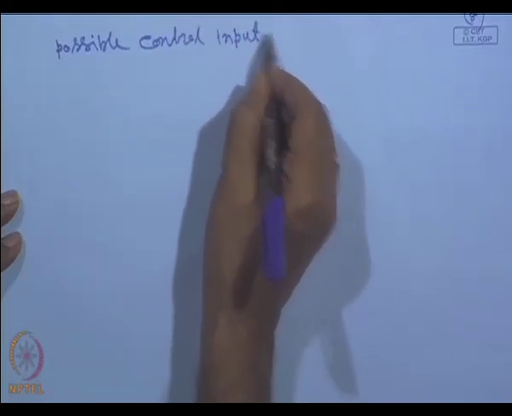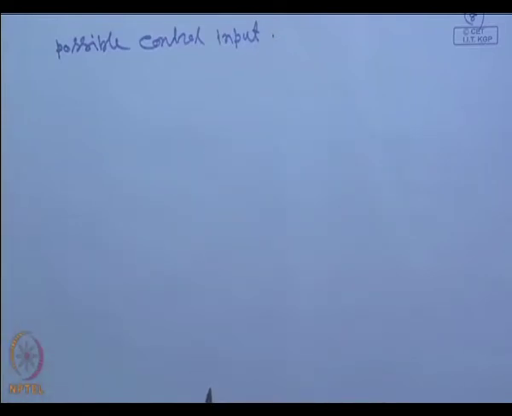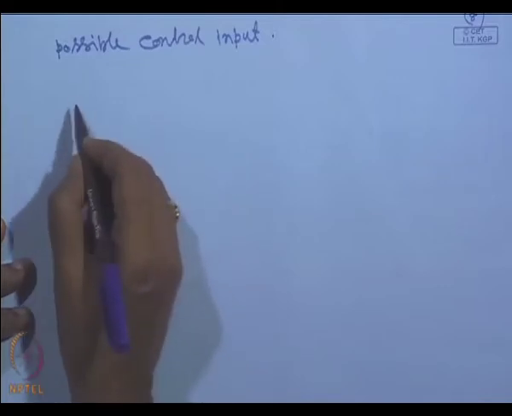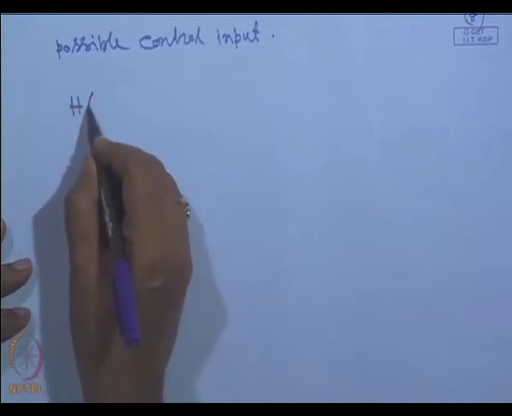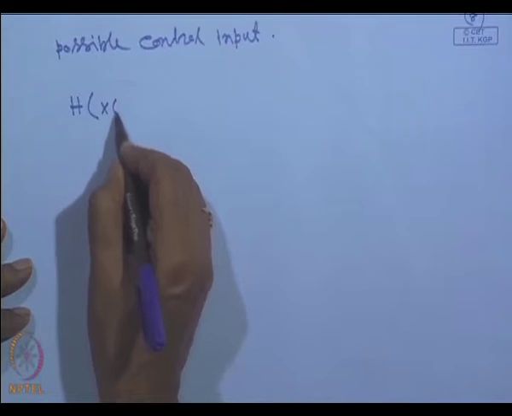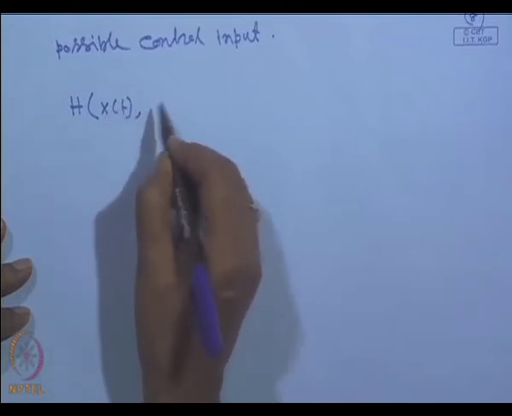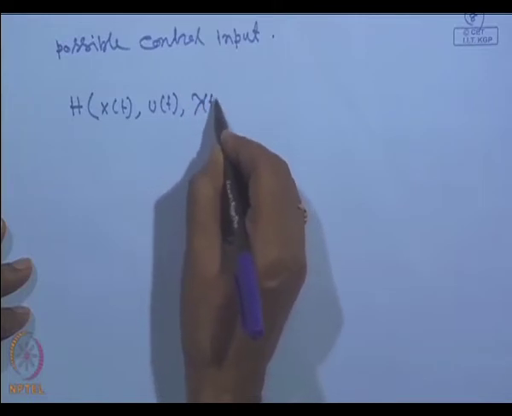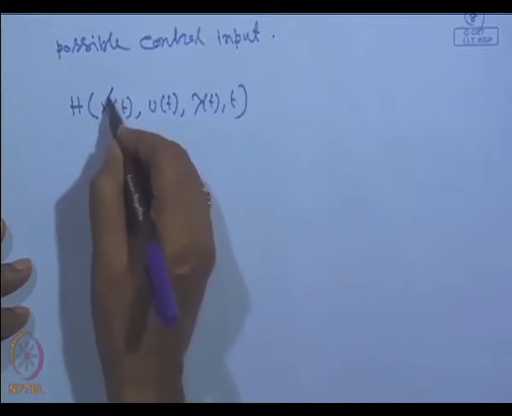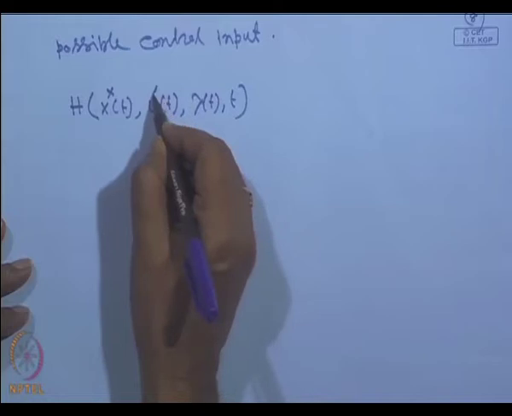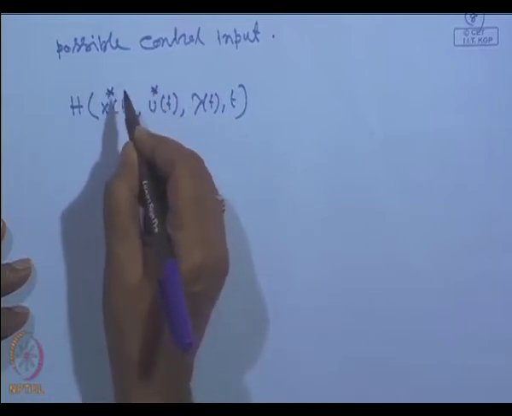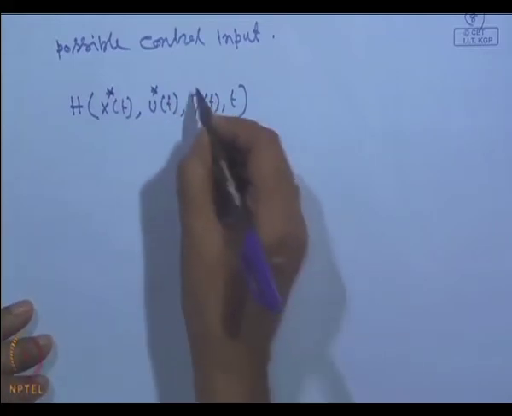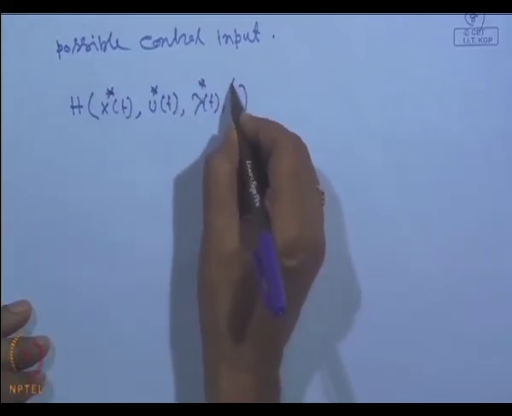So, what does it mean? This permits including the constant. You see H is a function of x of t, then u of t, then lambda of t and t. You find out the optimal control law, and we use stars; the star indicates the optimal quantities.